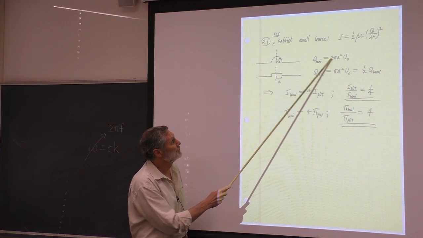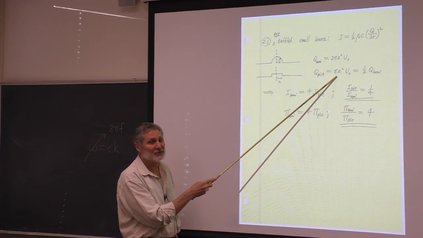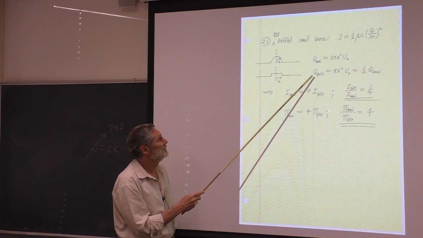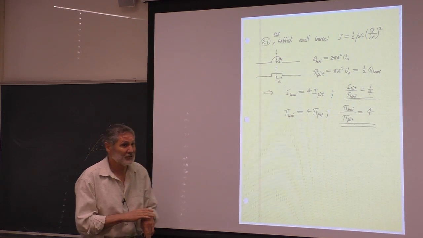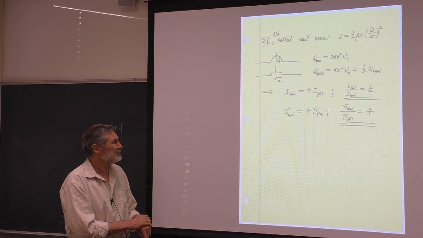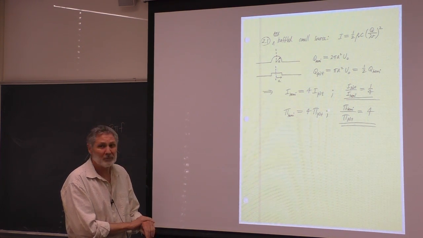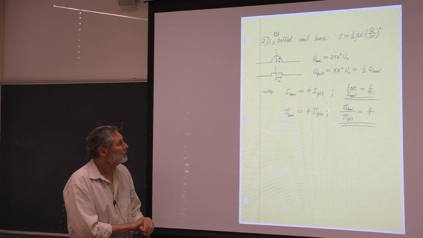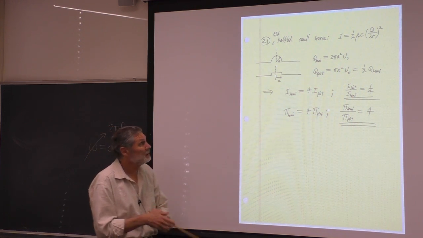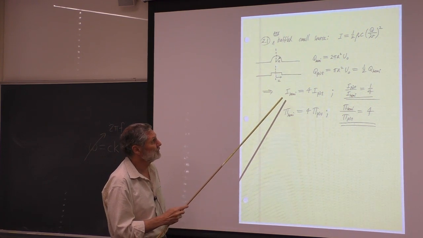That's my source strength for the hemisphere. For the piston, the moving area is just pi a squared. So the hemisphere has twice the source strength, and it's going to have twice the pressure amplitude. So the intensity will be quadrupled, a factor of 4 difference in the intensity.